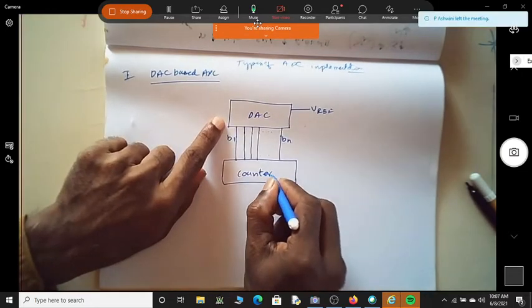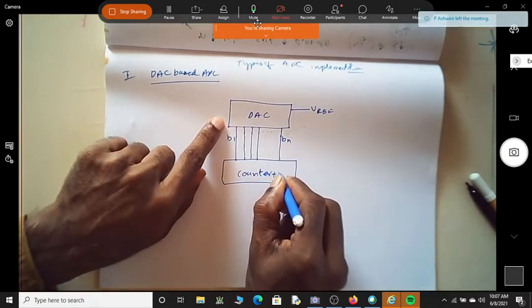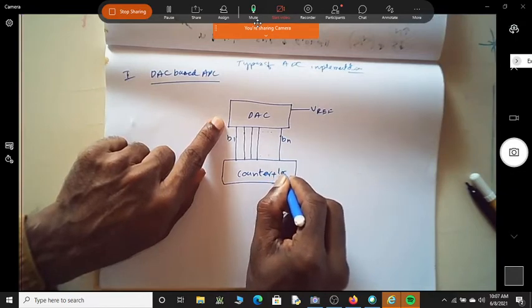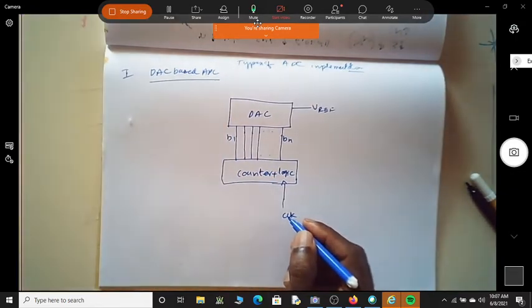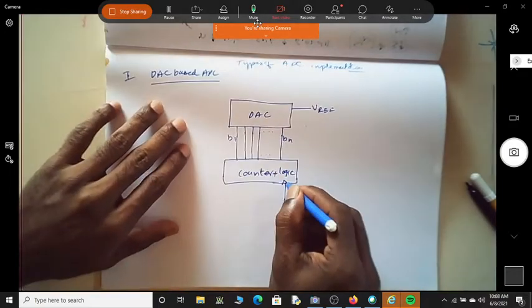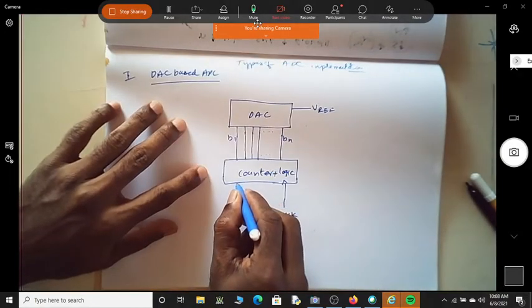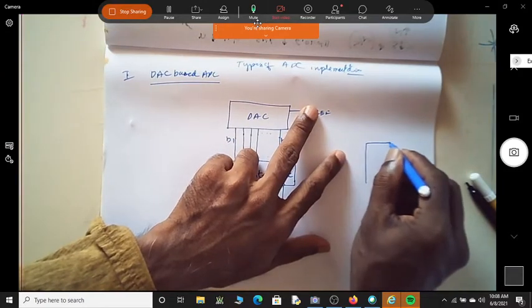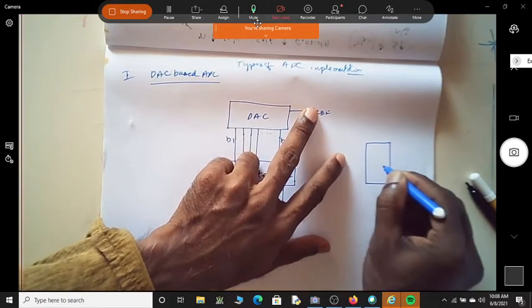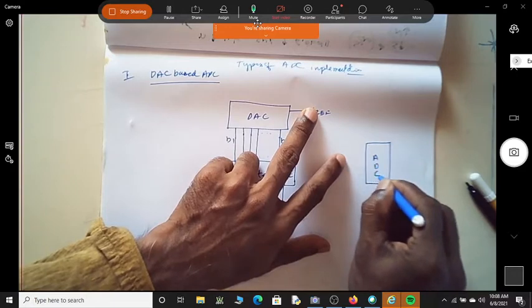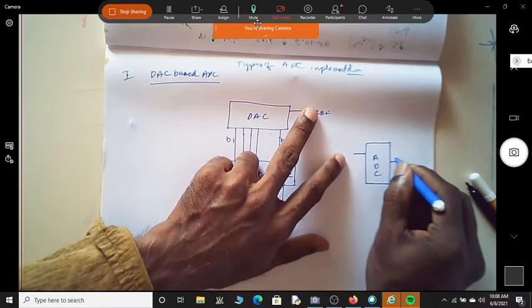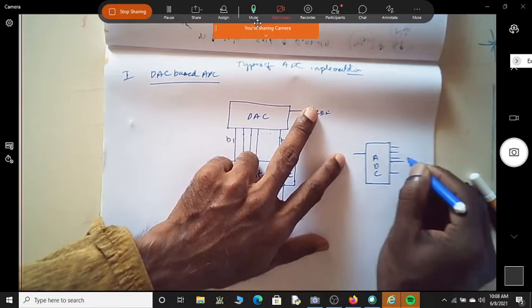Let us say it is counter plus controller. Of course there is some logic, a counter plus some logic circuit. So this is the clock. We know what the inputs for an ADC converter are.